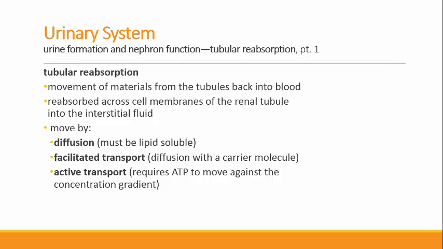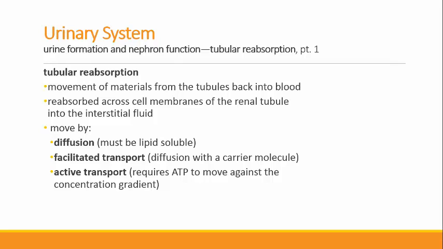The second process is facilitated diffusion or facilitated transport. That is when diffusion occurs, again from high to low concentration, and no ATP is still required, but this time there is a carrier molecule that is moving the material, so it's not just being transported passively across the cell membrane because of the concentration gradient. It's being transported across the membrane because there's a carrier molecule that will bring it from one side to the other.